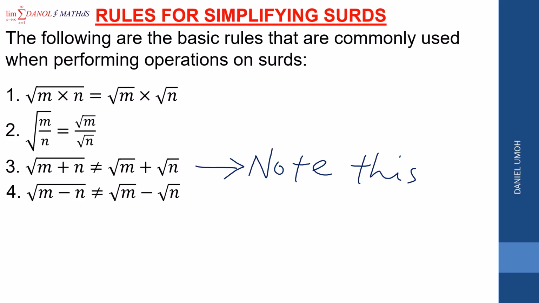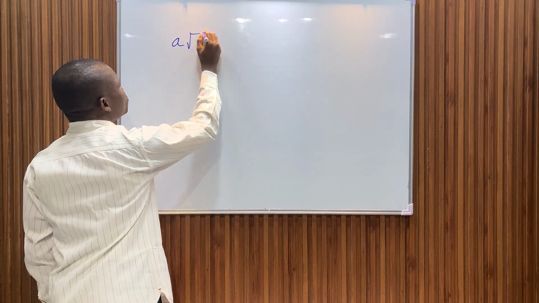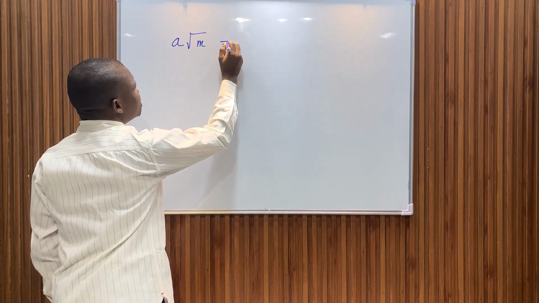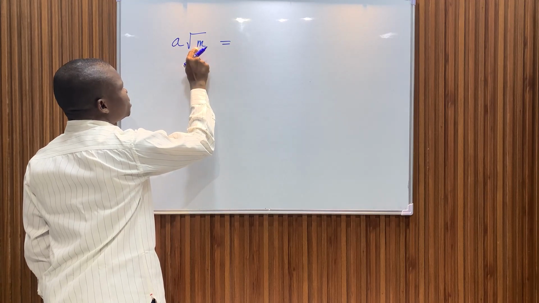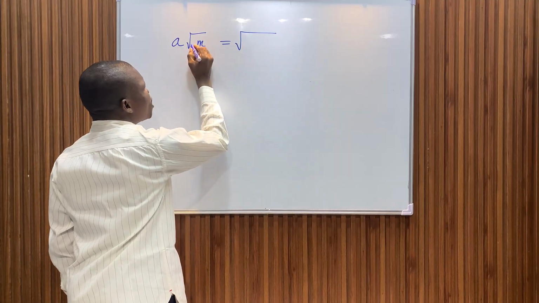Then the next law I want you to notice is that a root m is equal to square root of a square root m. See what I mean? Square root of a, if you have a root m, now the rule says when you move this a, the number outside here, we're going to have something like this because we are working with square root.